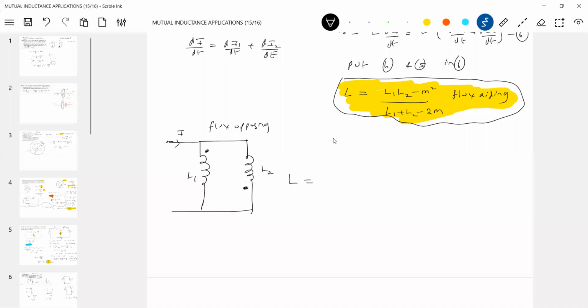Then the self-inductance of this will be L1 L2 minus M squared, divided by L1 plus L2 plus 2M. Or you can proceed in a similar way to what we did earlier. Books give a plus or minus sign but don't say for which one it is. For flux opposing, the denominator has plus; for flux aiding, the denominator has a negative sign. You can proceed in a similar way to what I did. Just remember this, I think this will be sufficient.